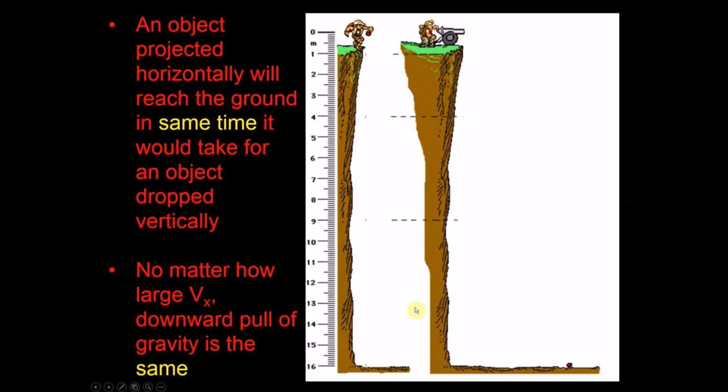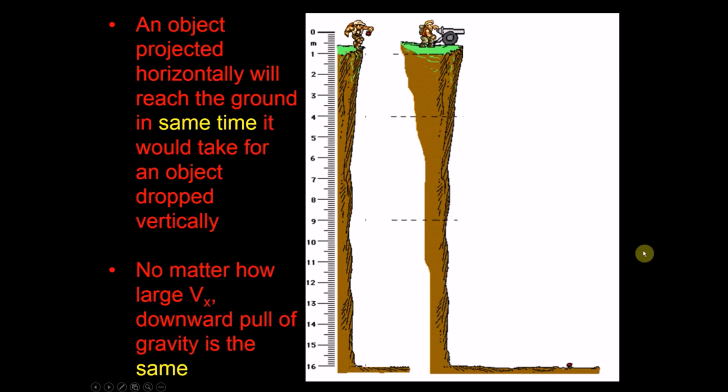Now, people don't like this idea because the object is clearly moving in the x direction while this one is not. But gravity is providing the same acceleration to both of these masses in the y direction.